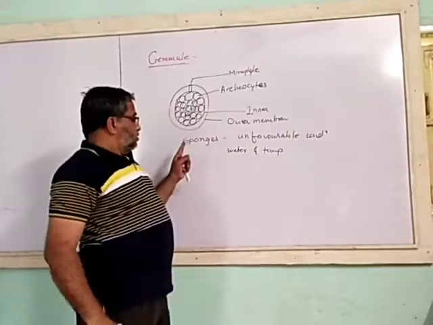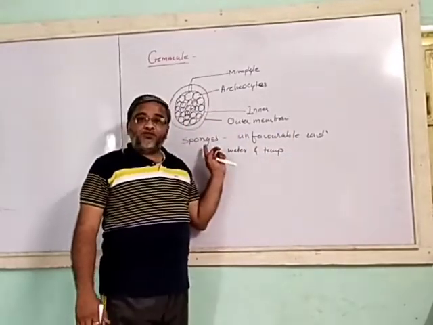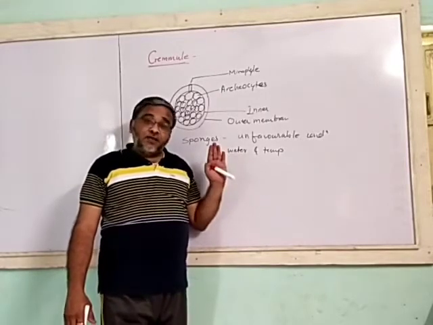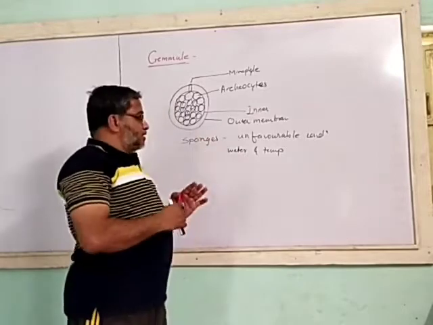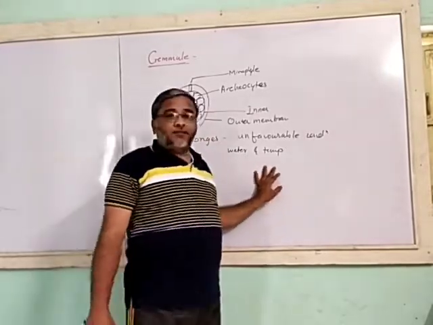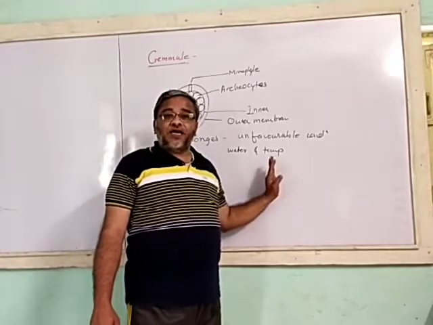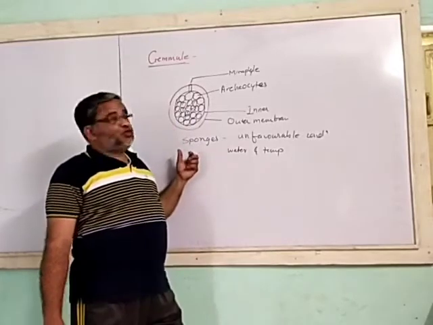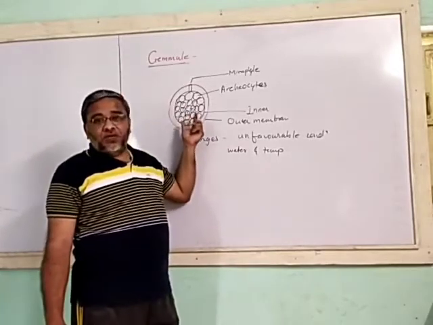Now, we know that sponges are present in aquatic conditions, and in that aquatic condition there can be a shortage of water, or the temperature is high and water is reduced. At that time, the sponges can show the formation of gemmules.